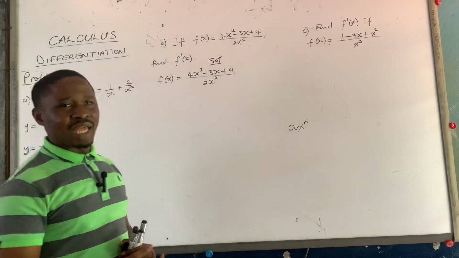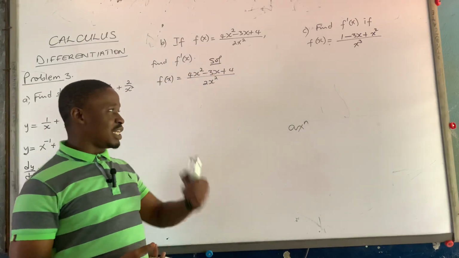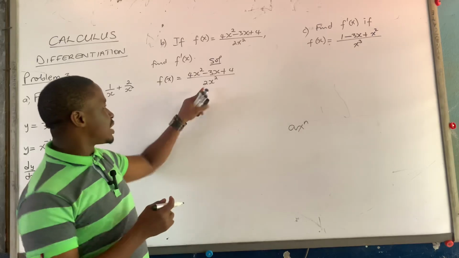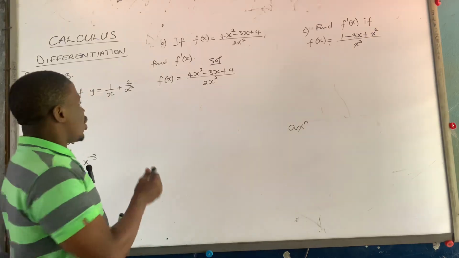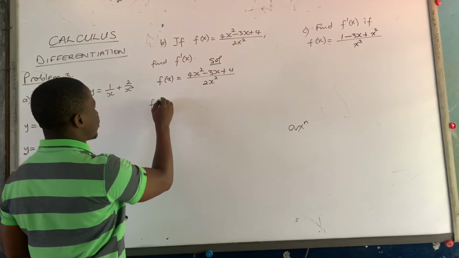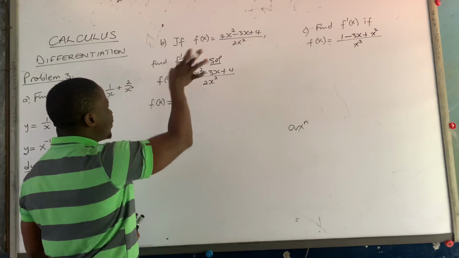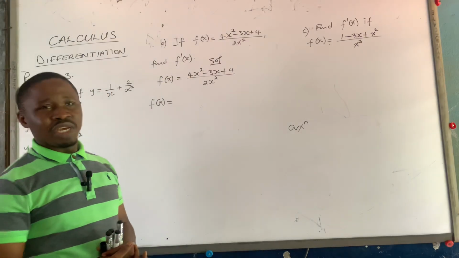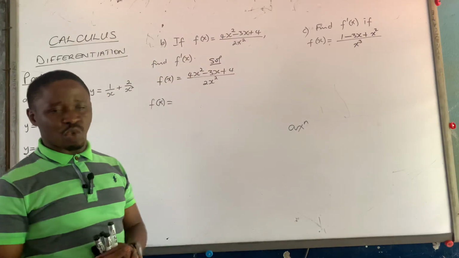We don't want to see x serving as the denominator. To avoid this, we have to rewrite the function again. Every term of the numerator is to be divided by 2x squared.